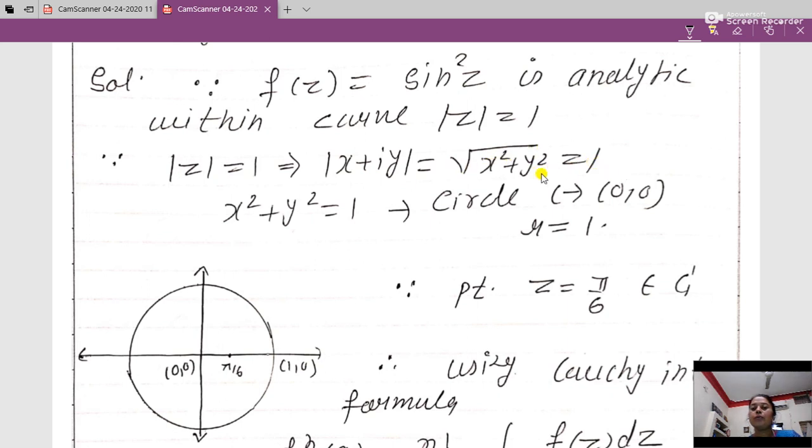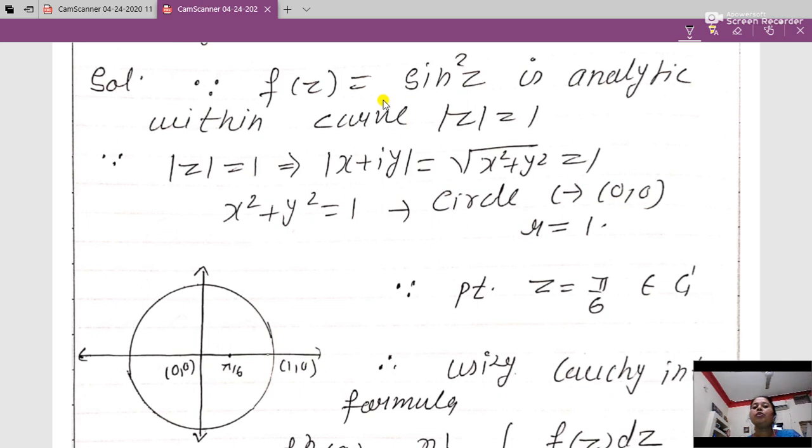On squaring both sides we have a circle x² plus y² equal to 1, whose center is (0,0) and radius is 1. So our curve is a circle whose center is (0,0) and radius is 1.